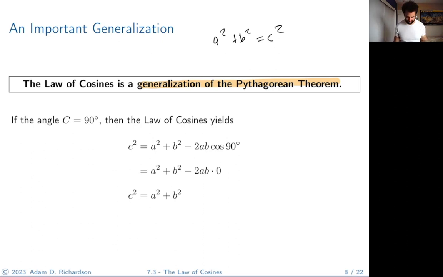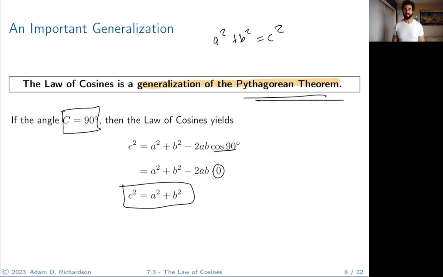And in fact, if our angle C is 90 degrees, well, cosine of 90 degrees is 0. So then that extra term, negative 2ab cosine 90, gets wiped out and it's just 0. So then you're left with c squared equals a squared plus b squared, which is the Pythagorean theorem. There you go.